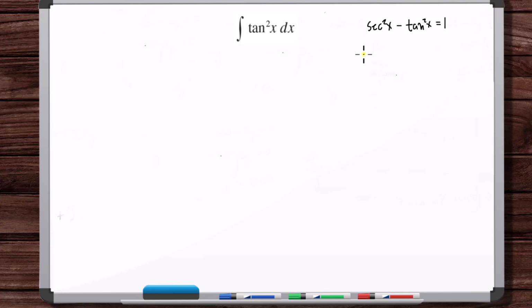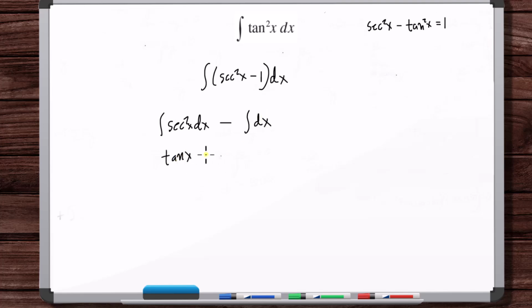Because we know the derivative of tangent x is secant squared. So tangent squared of x is secant squared of x minus 1. So we've got secant squared x dx minus, okay, this is just tangent x. That's it.